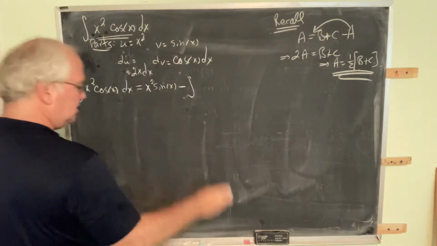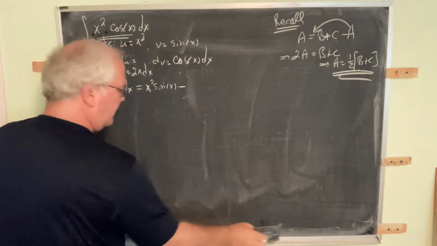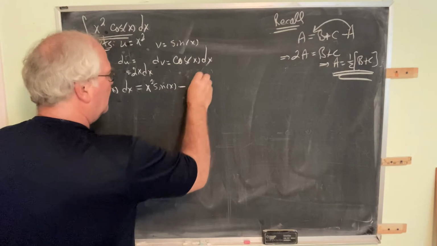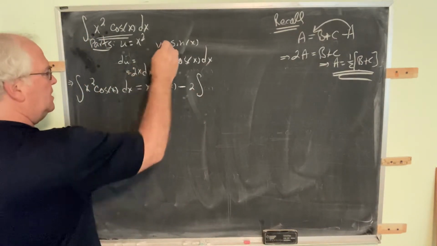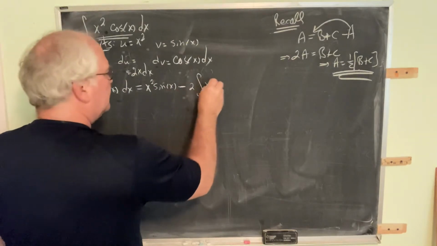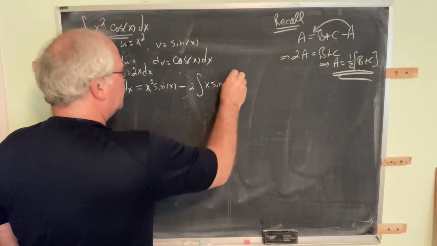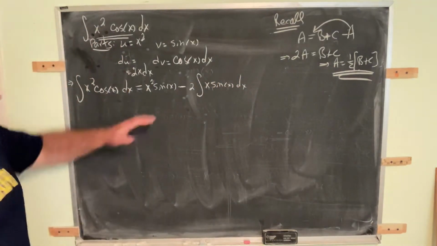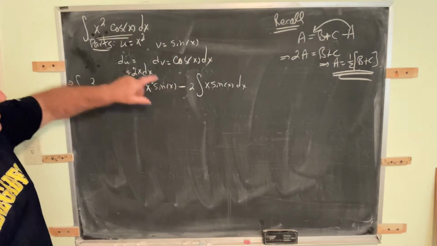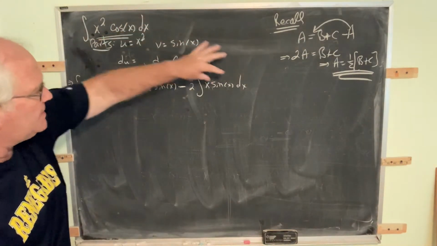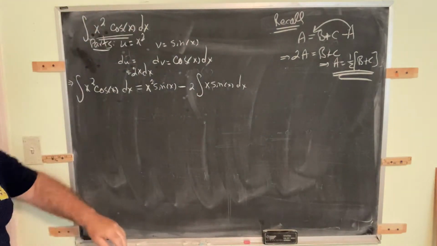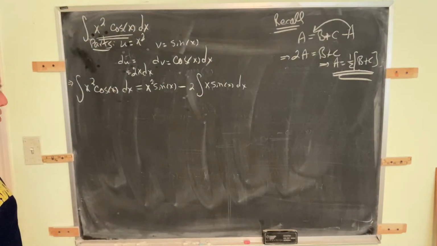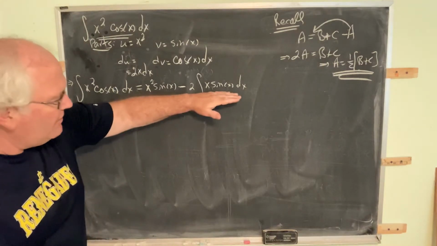This constant multiplier 2, I'm going to throw out in front of the integral. And then that's 2 times the integral of x sine x dx. So that's uv minus the integral of v du. There's v, sine of x, and du is 2x dx. So we have all the players in the right spot on the stage. But now we have to evaluate this integral.